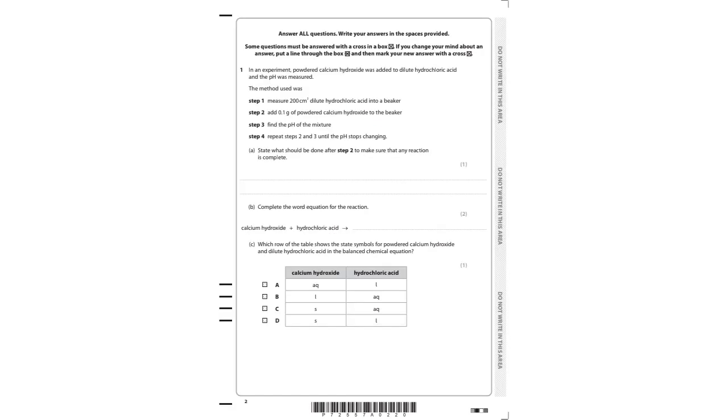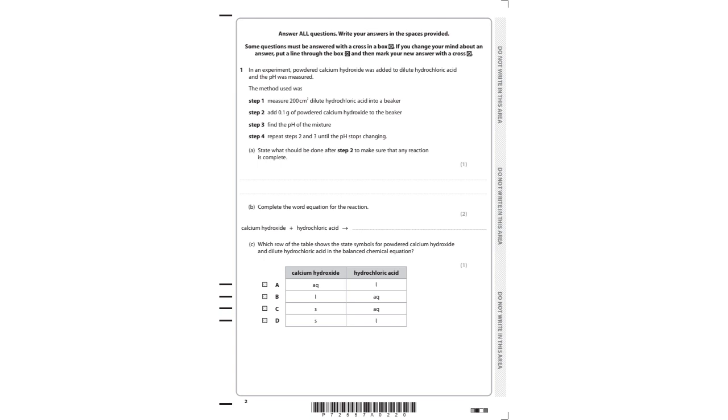Question number 1 says, in an experiment, powdered calcium hydroxide was added to dilute hydrochloric acid and the pH was measured, and then it gives you a method. It says, state what should be done after step 2 to make sure that any reaction is complete.